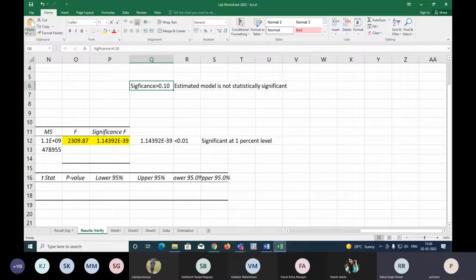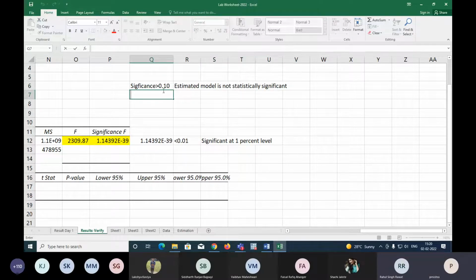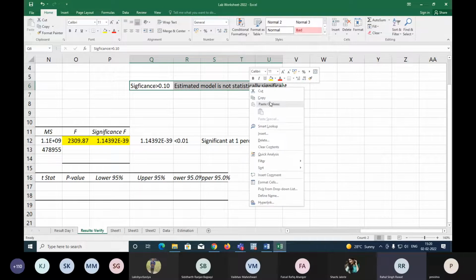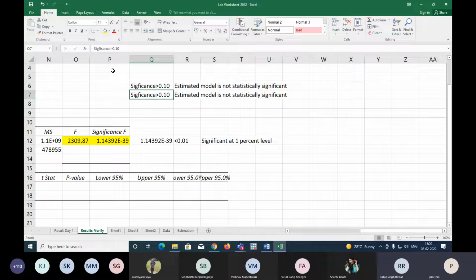Now suppose this significance level is less than 0.10, but it is greater than 0.05.